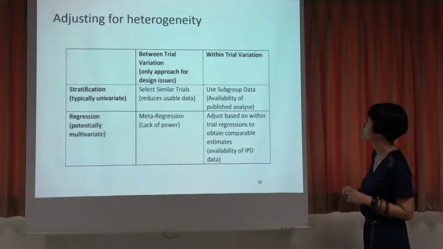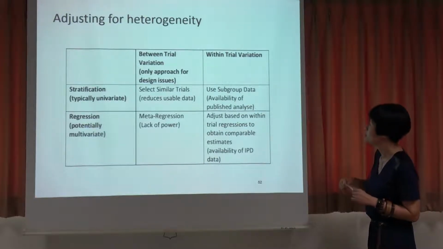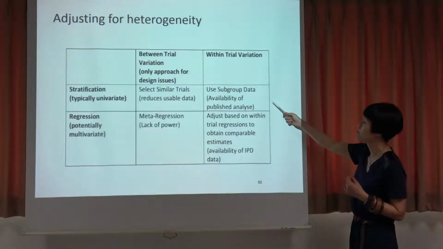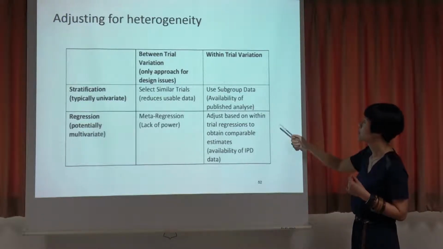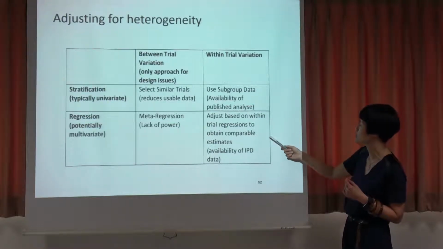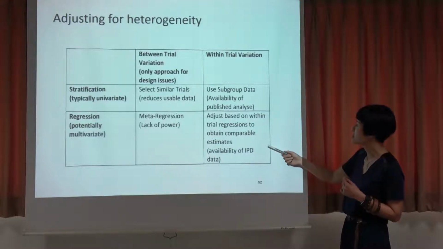For within-trial variation, we can also use subgroup analysis, again stratification, and regression. For regression methods, adjust based on within-trial regression to obtain comparable estimates.